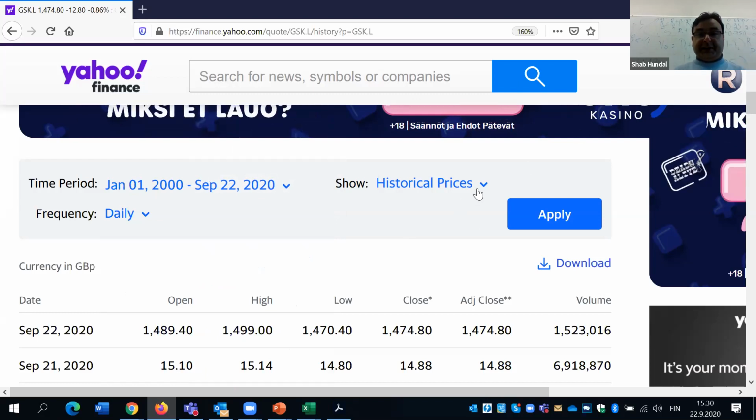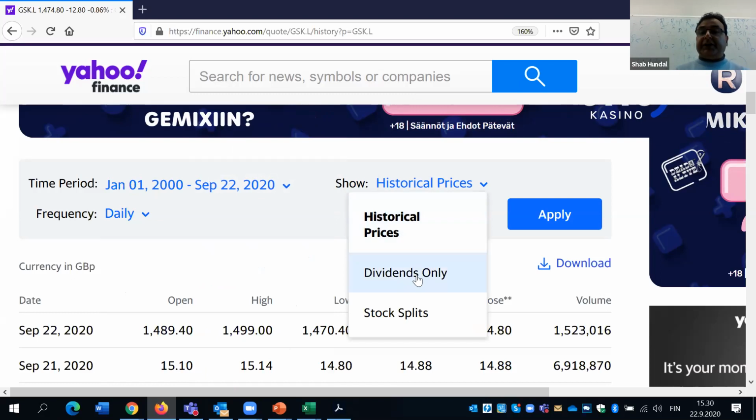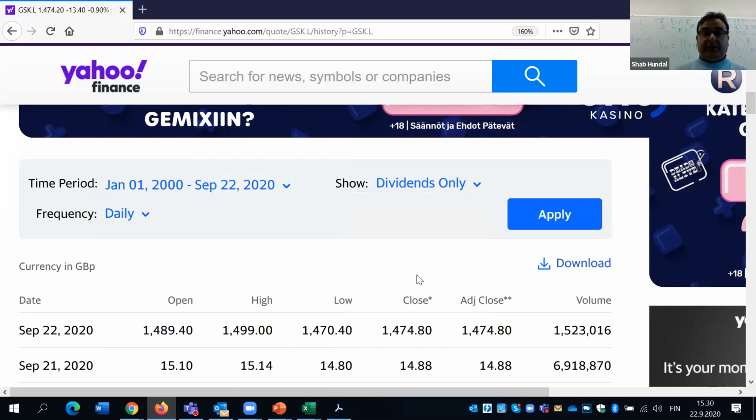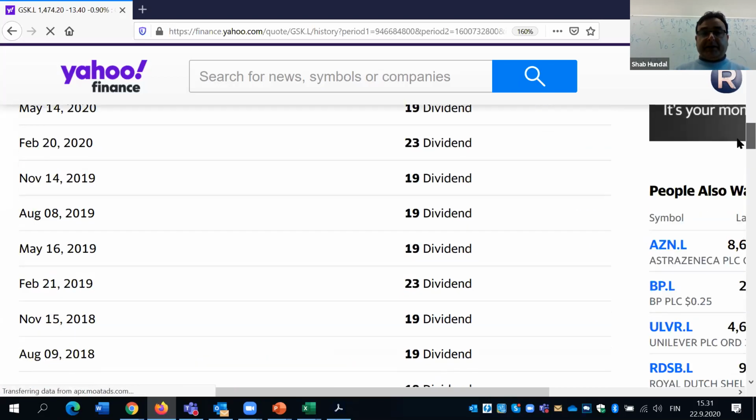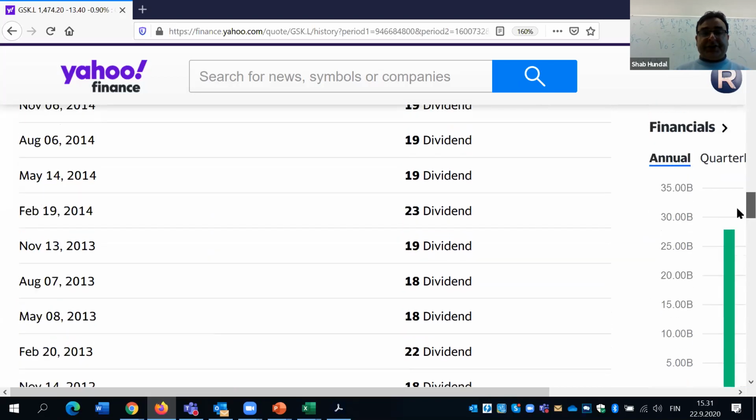And if you want to check the dividends only, can you see here, dividends only? And then apply. So you can get the dividends given by the company for the chosen years.